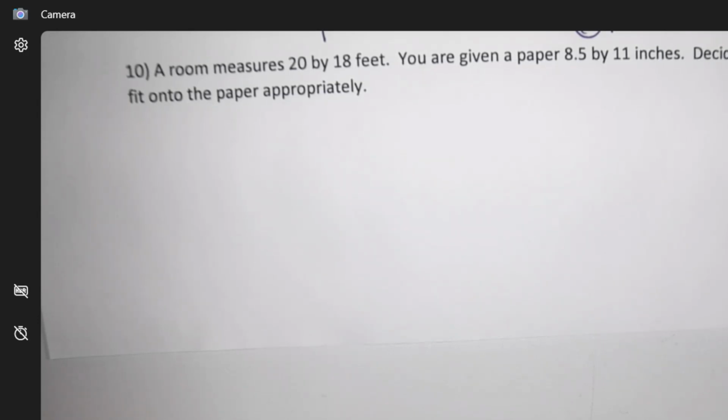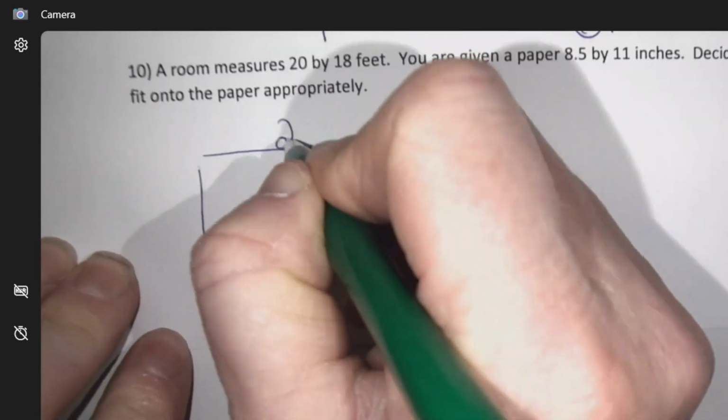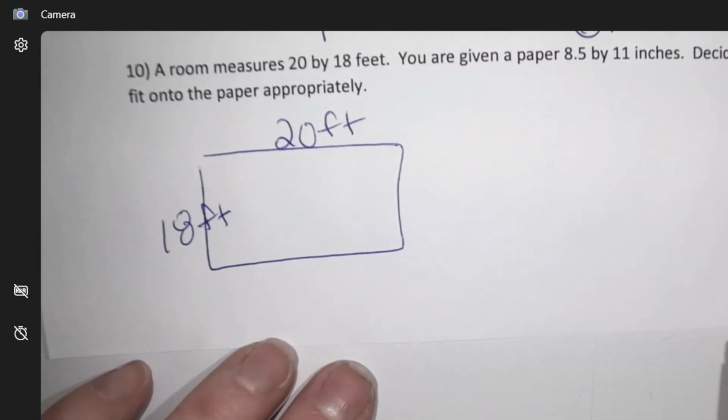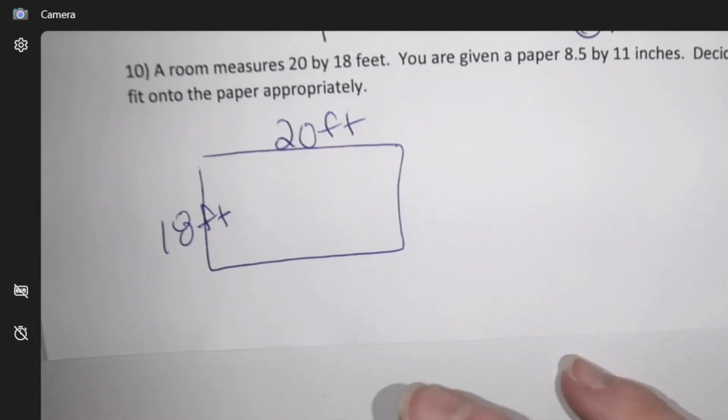So a room is measuring 20 feet by 18 feet. And you are going to try to draw it onto a paper. You're going to try to make this room fit onto a paper with a scale.